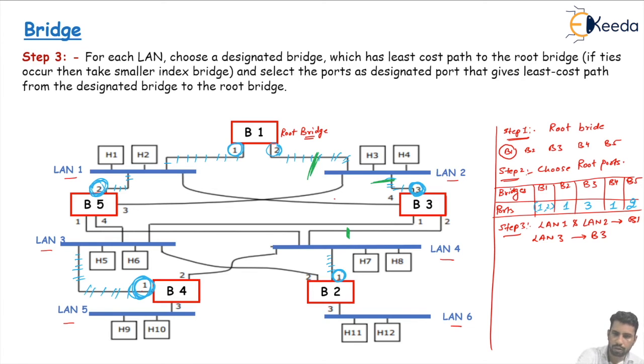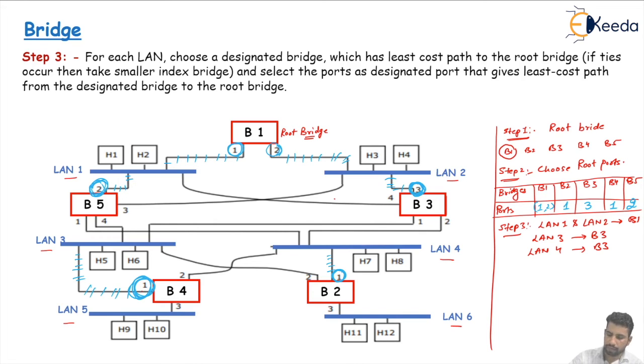If we follow bridge number 5, then we again have 1, 2 and 3. 3 links again, means both 3 and 5 are possible candidates for LAN number 4, and again there is a tie, we will go for the lower index. So for LAN number 4, our designated bridge is bridge number 3.